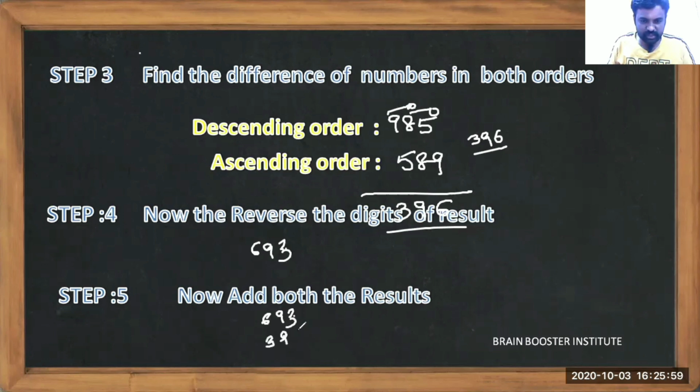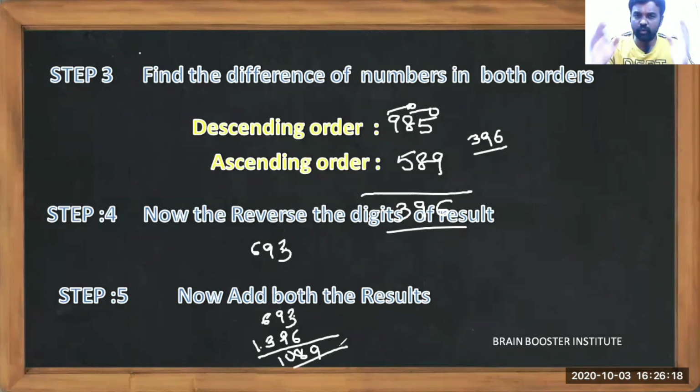Almost you understood the result. 3 plus 6 is 9, and 9 plus 9 is 18, and 6 plus 3 is 9, plus 1 is 10. How about the same answer? 1089. You can take any number except 100, 110, and 101. Surely, by following these 5 steps, you'll get the same number, 1089.